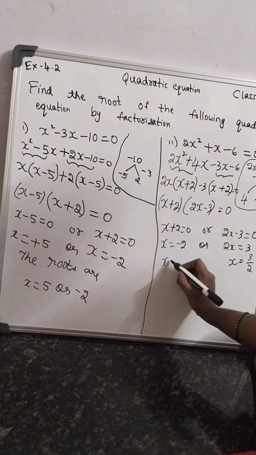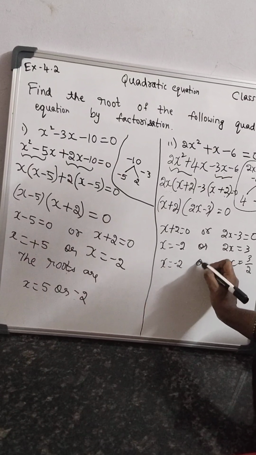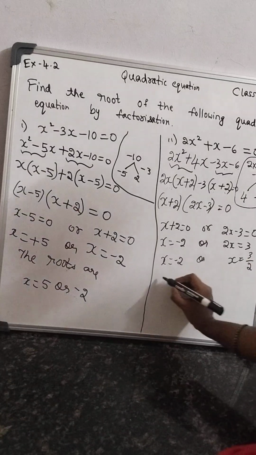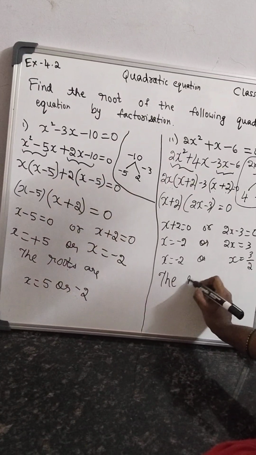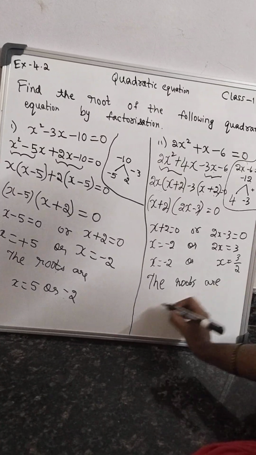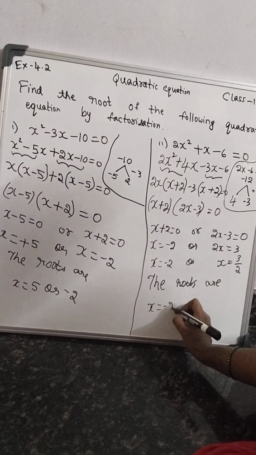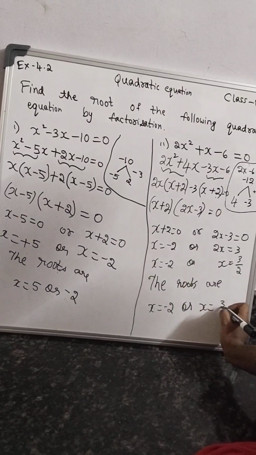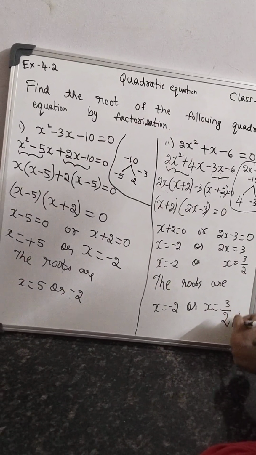So x is equals to minus 2 or x is equals to 3 by 2. So the roots are x is equals to minus 2 or x is equals to 3 by 2.